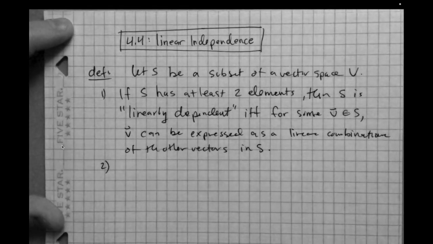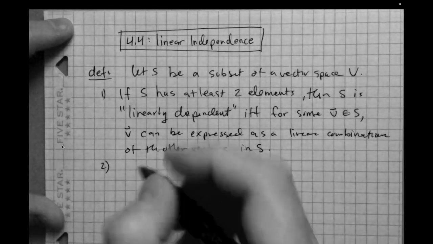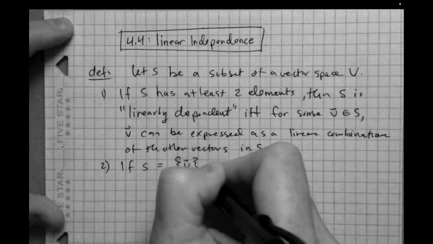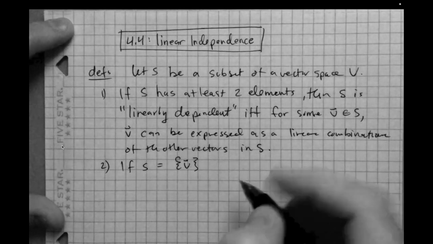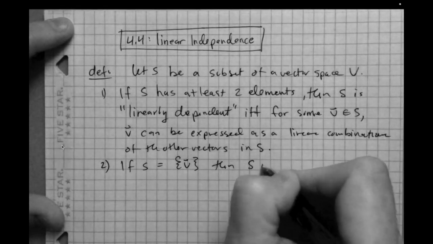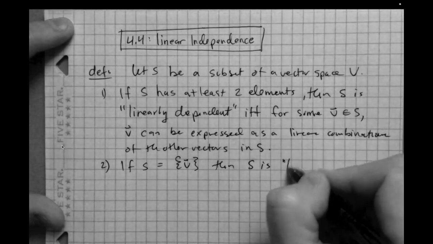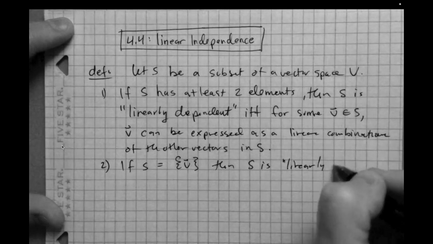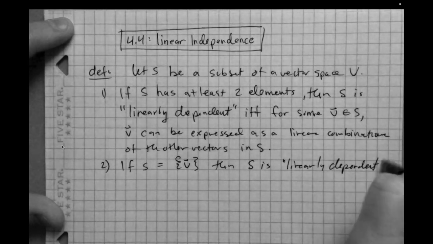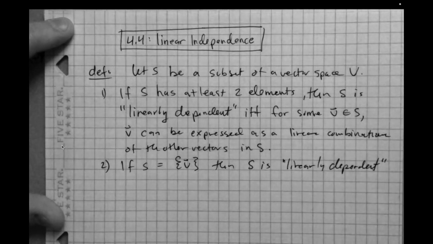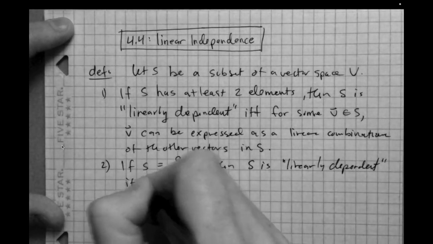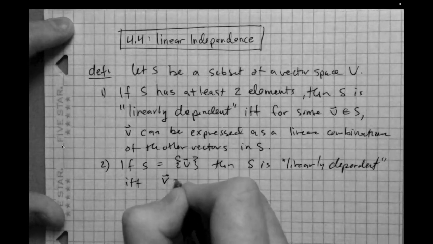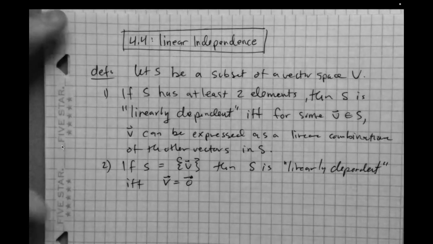So what if S has just one element? If S equals a single element, then S is linearly dependent if and only if that one vector in S happens to be the zero vector.